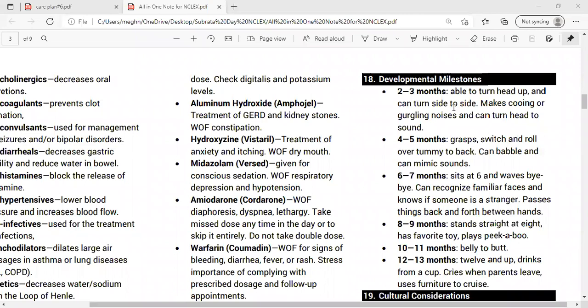So let me talk about the developmental milestones. When a baby is 2 to 3 months, they are able to lift the head and can turn side to side, make cooing or gurgling noises, and turn the head to sound.